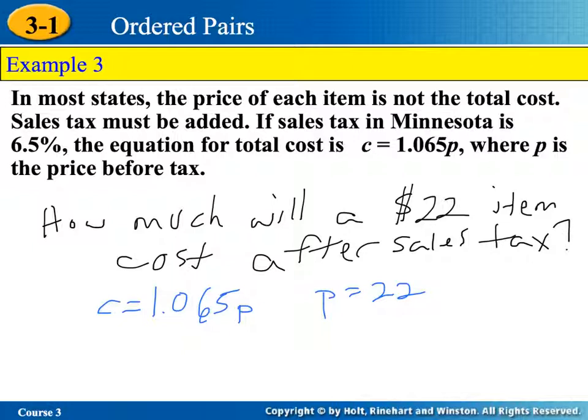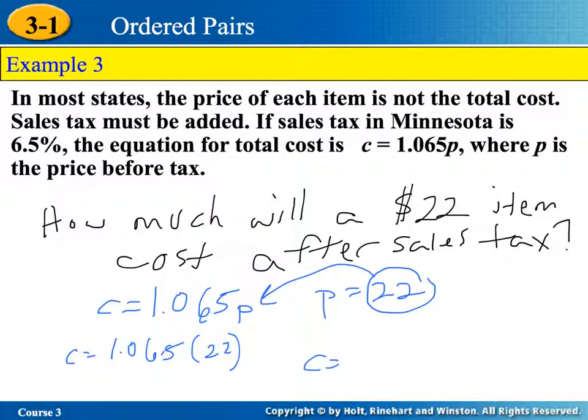So what you have to do is take this number and plug it in for P. So you get C is equal to 1.065 times 22. When you multiply these, your answer is going to be C is equal to $23.43.